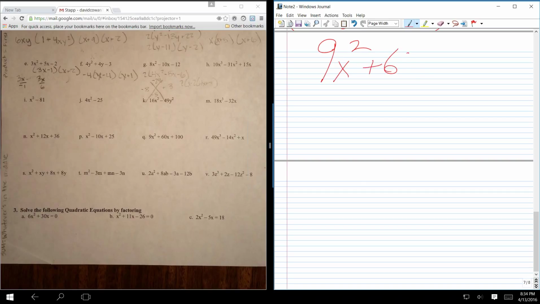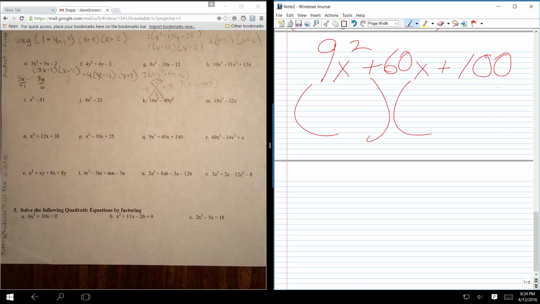The very first thing, and notice I cannot take any greatest common factor out of that. There's no number that divides into 9, 60, and 100. 3 doesn't, 10 doesn't, so there's no greatest common factor. So we're going to factor it normally.